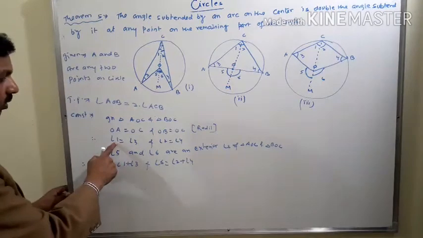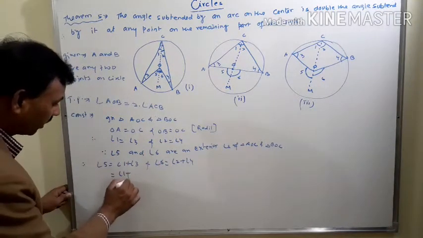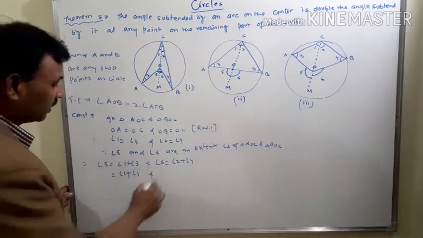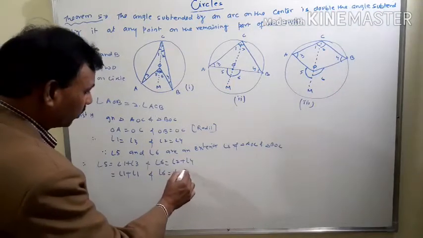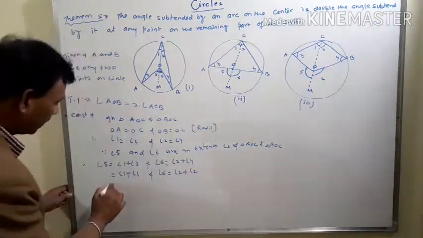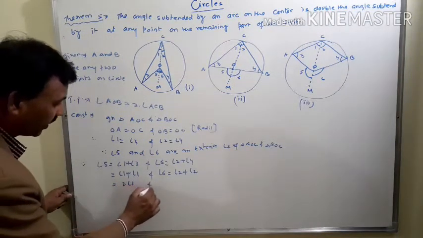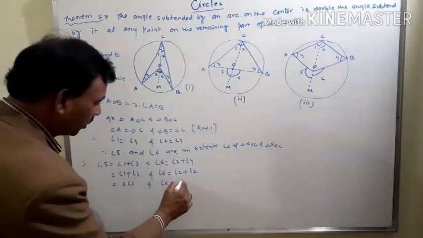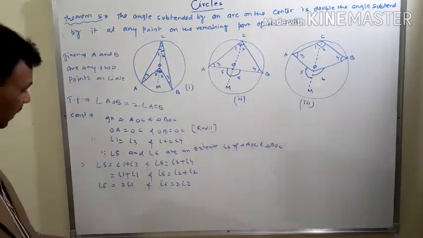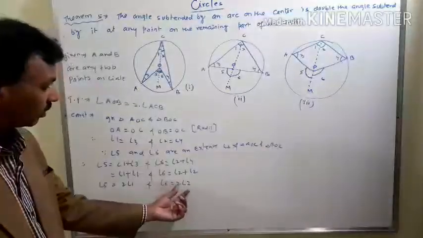Since angle 3 equals angle 1 and angle 4 equals angle 2, angle 1 plus angle 3 is replaced by 2 angle 1, and angle 2 plus angle 4 is replaced by 2 angle 2. That means we have found angle 5 equals 2 angle 1 and angle 6 equals 2 angle 2.